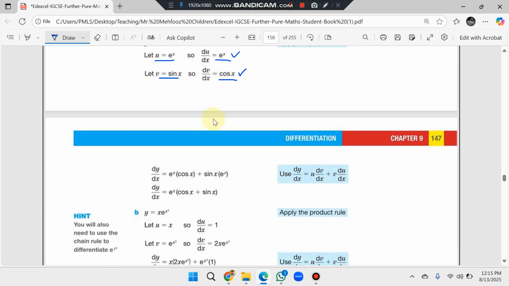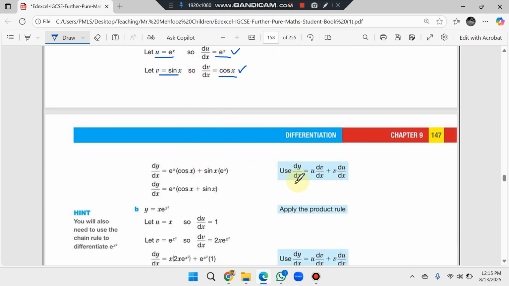And you can see that the formula is dy by dx equals u dv by dx plus v du by dx. First function as it is, derivative of second function. Second function as it is, derivative of first function. So it becomes e raised to the power x, that is u, and dv by dx, that is cos x, and then v, that is sine x, and du by dx, that is e raised to the power x.